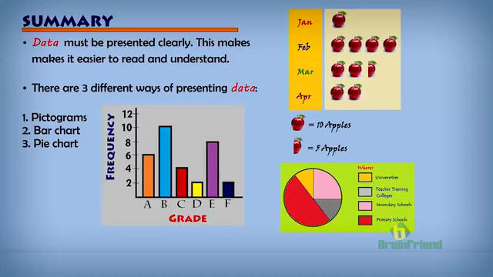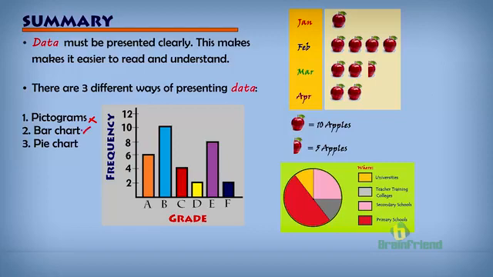We learned that data, when collected, must be presented clearly, or else it will not be easily understood. And to present this data, we learned about 3 different ways of presenting data. We learned about the pictograms, which make use of images that represent a number of records.